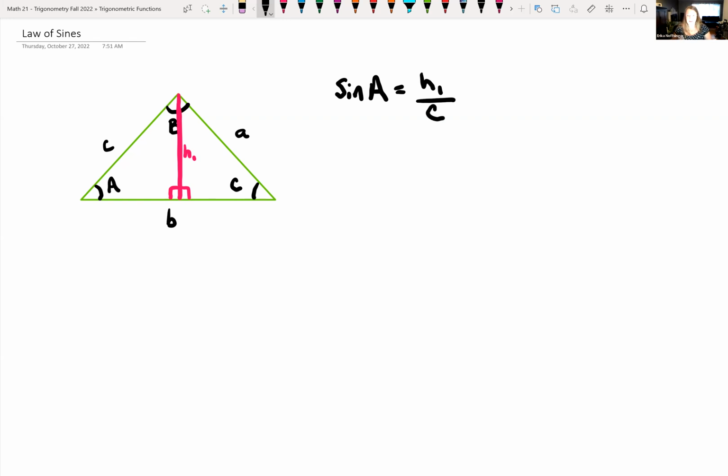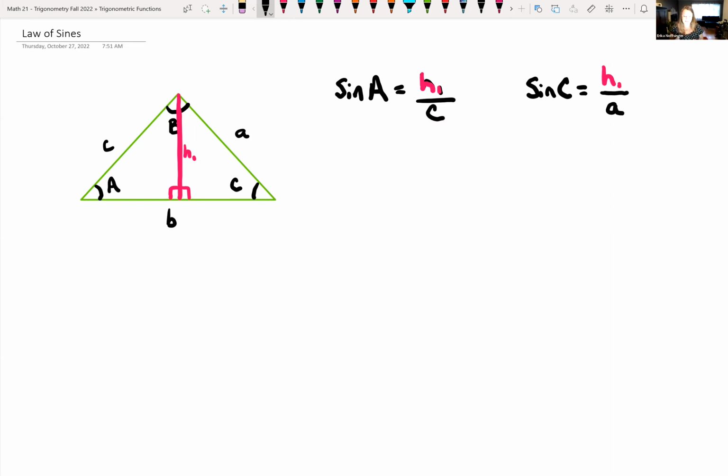So let's do the same thing with our angle C. For angle C, the opposite is our h1, and the hypotenuse in that triangle would be a. So rewriting that, we have sine of angle C equal to h1, the opposite, all over the hypotenuse, and that would be side a.